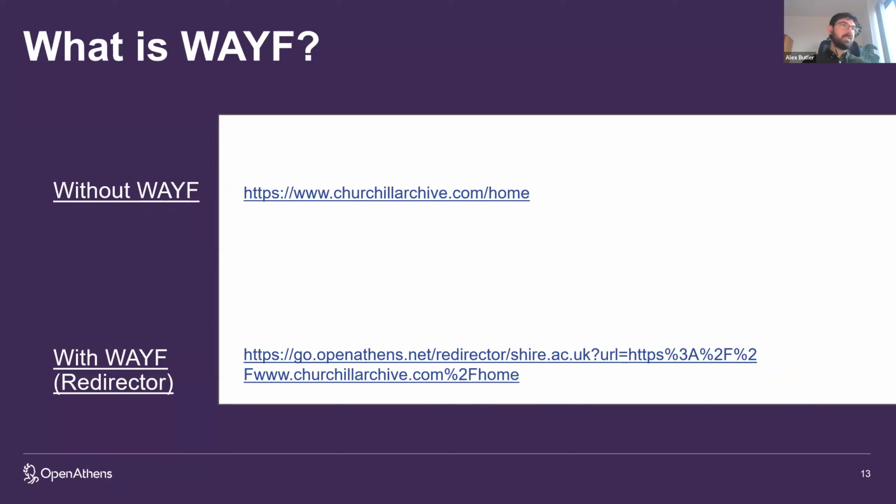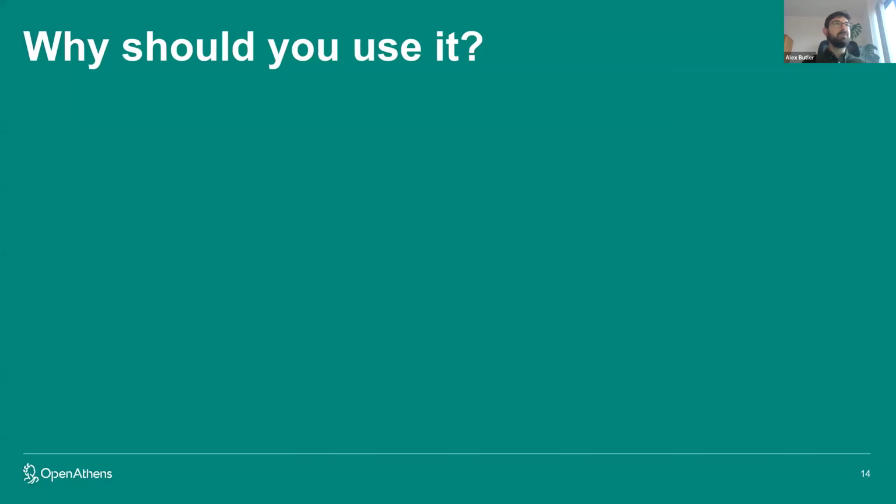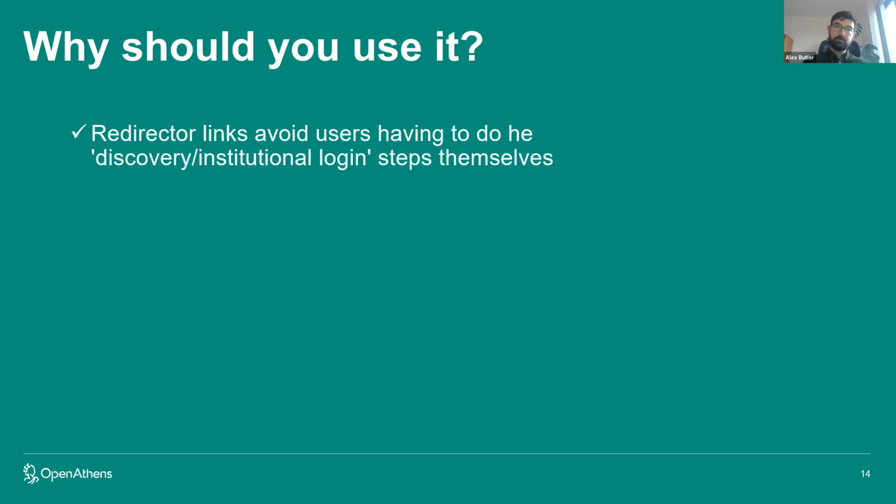So I've explained a pretty important reason to use it, but let's round out: why should you use it, and why should you go through the effort of generating and using redirector links? Well, we've already been through a key part: your users avoid that discovery institutional login step themselves.